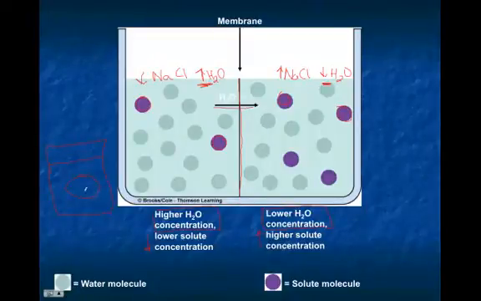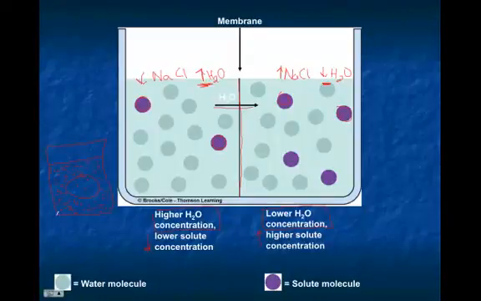When we look at this cell, I'm going to draw my salt concentration out here, and I'm going to make this a really high salt, or solute, concentration. We'll just use salt as an example again. And then inside the cell, I'm going to make this a lower solute concentration.